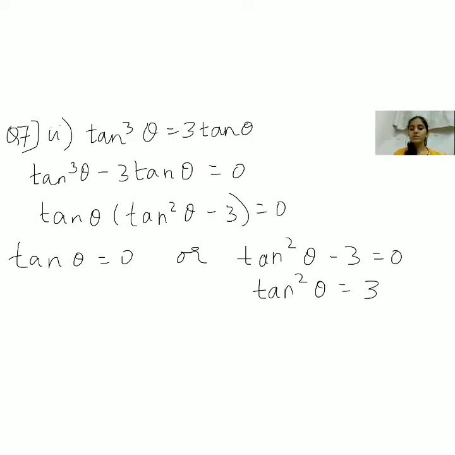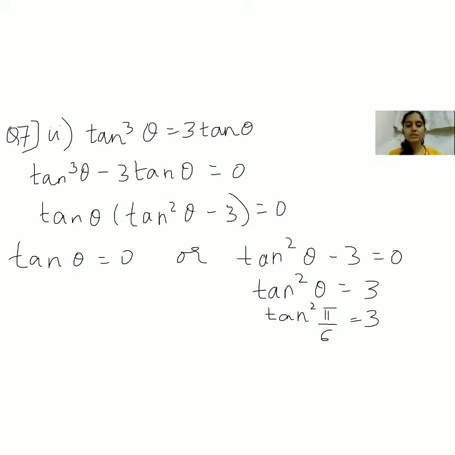For a square function, how do we solve it? Find the theta original angle. That will be tan theta for root 3. Now, what is tan theta for root 3? It is tan of pi by 6. So, we write this as tan square pi by 6 is equal to 3. So, your alpha angle will either be pi by 6 or when is tan theta equal to 0?